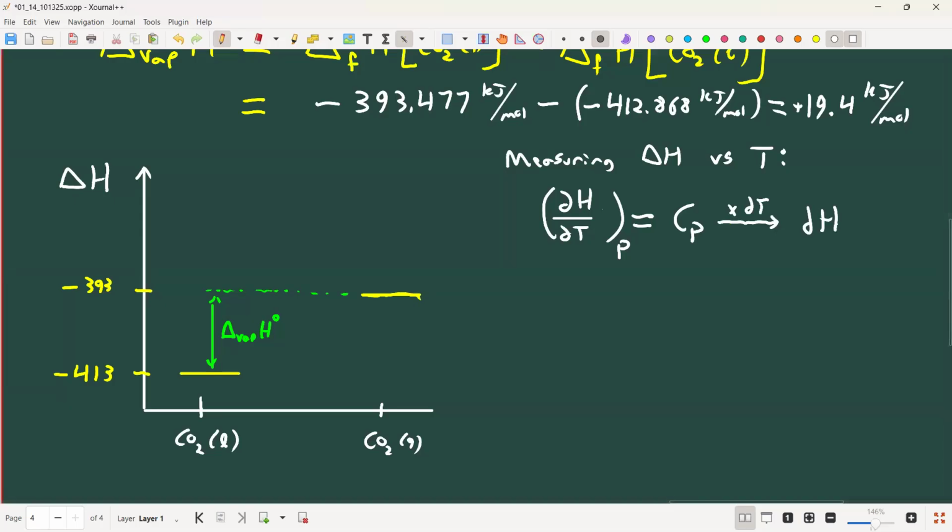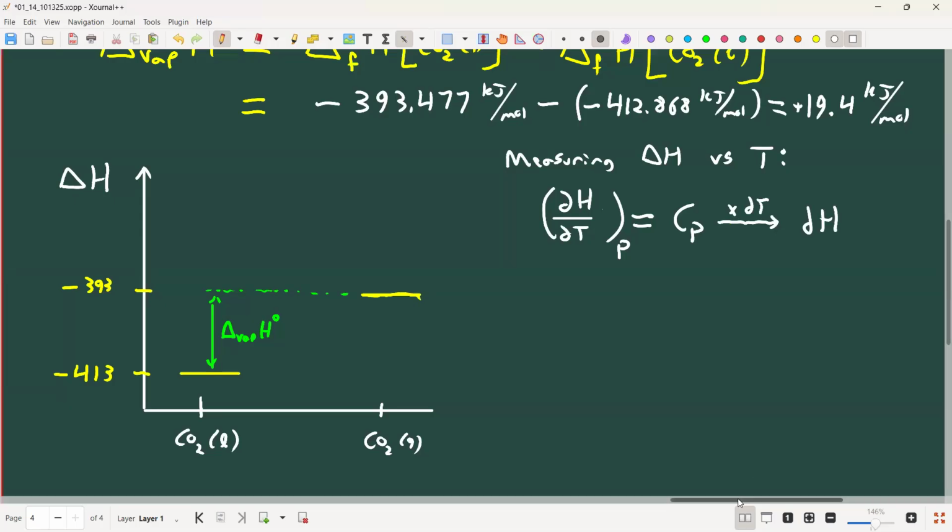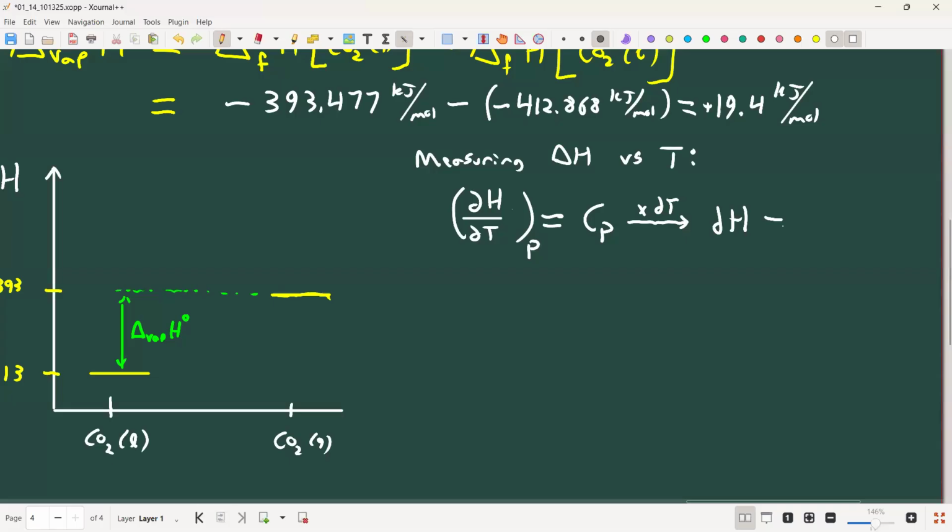Now, most mathematicians would cry at me doing this, but it works for our math here. We're going to assume dT is not zero here, otherwise this doesn't work. And so we have that the change in enthalpy is equal to the heat capacity times the change in temperature.